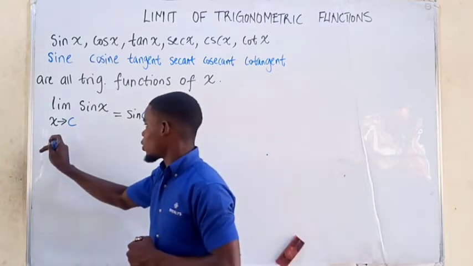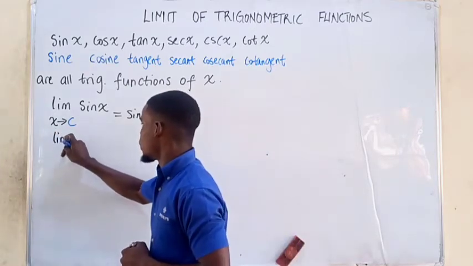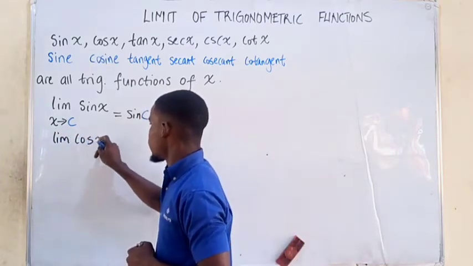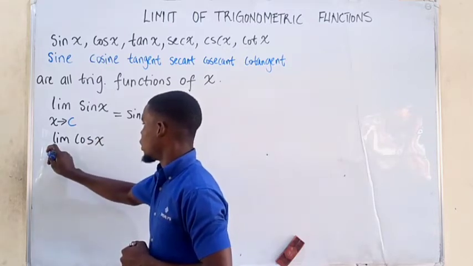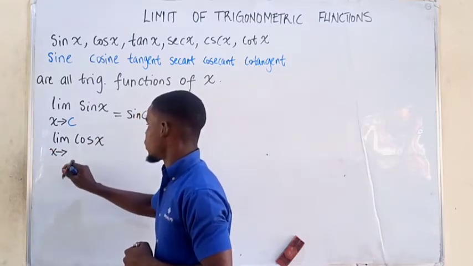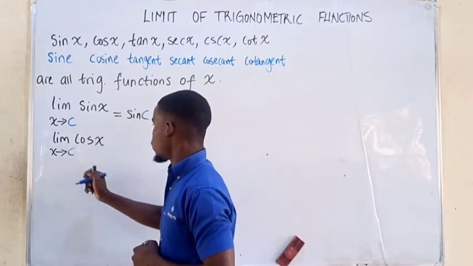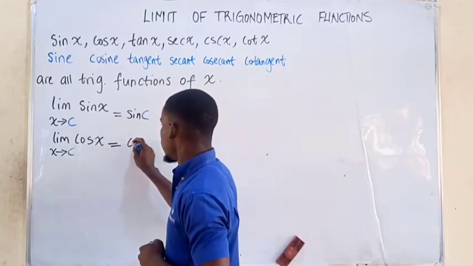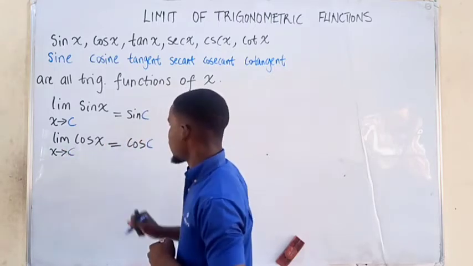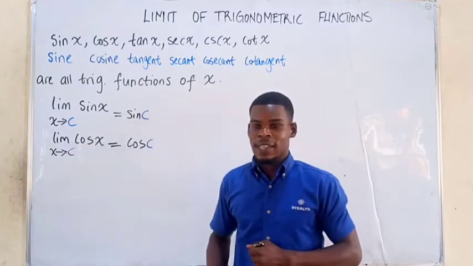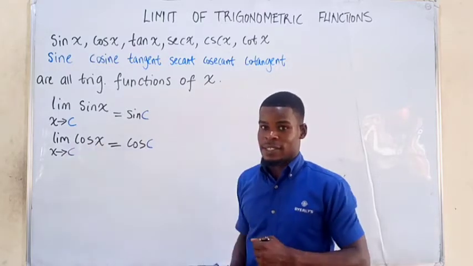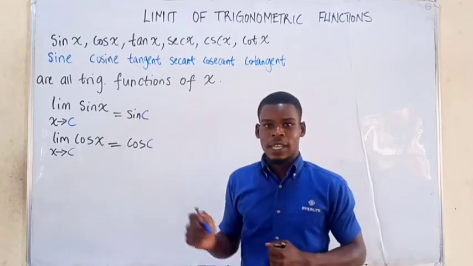Another one is cosine, of course. The limit of cosine x as x approaches c is still going to be cosine c. Maybe you can do the rest. For tangent, the limit of tangent of x as x approaches c is just going to be tan c, and so on for secant, cosecant, cotangent.